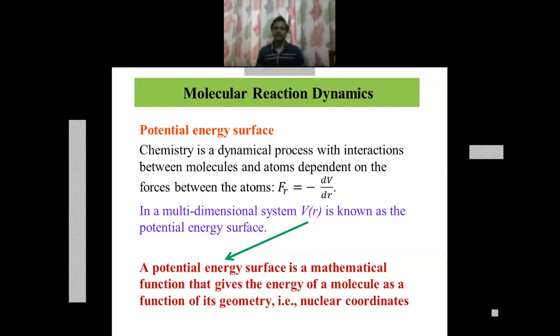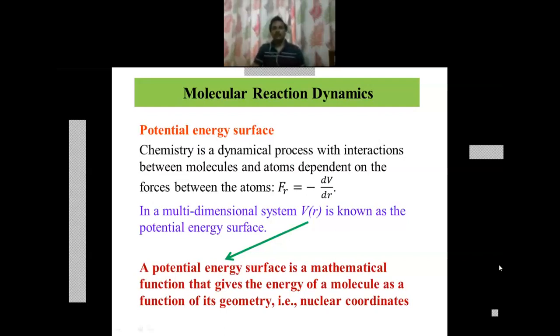Or the chemical dynamics. Okay, so the potential energy surface, if we want to understand any dynamical process in day-to-day life or whatever reaction is taking place, it's basically the interaction between the molecules or the atoms, right?